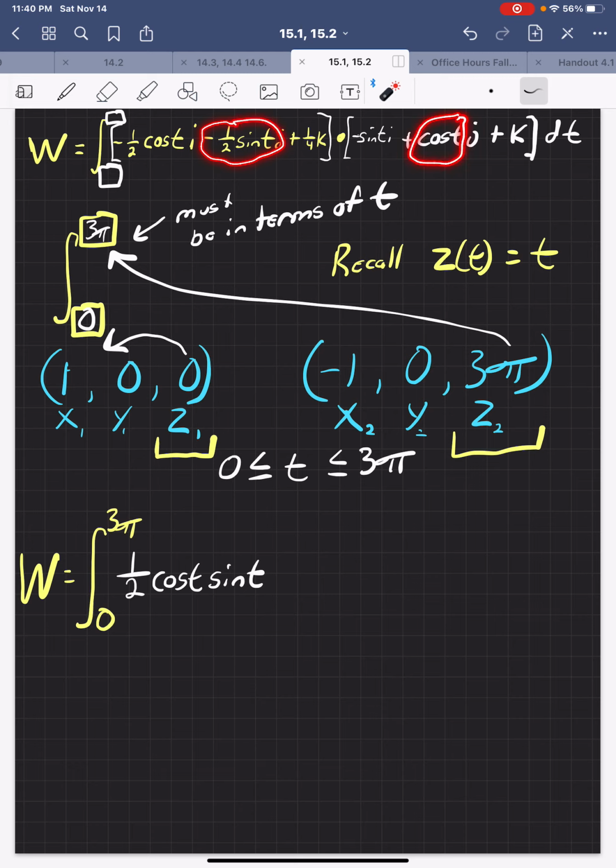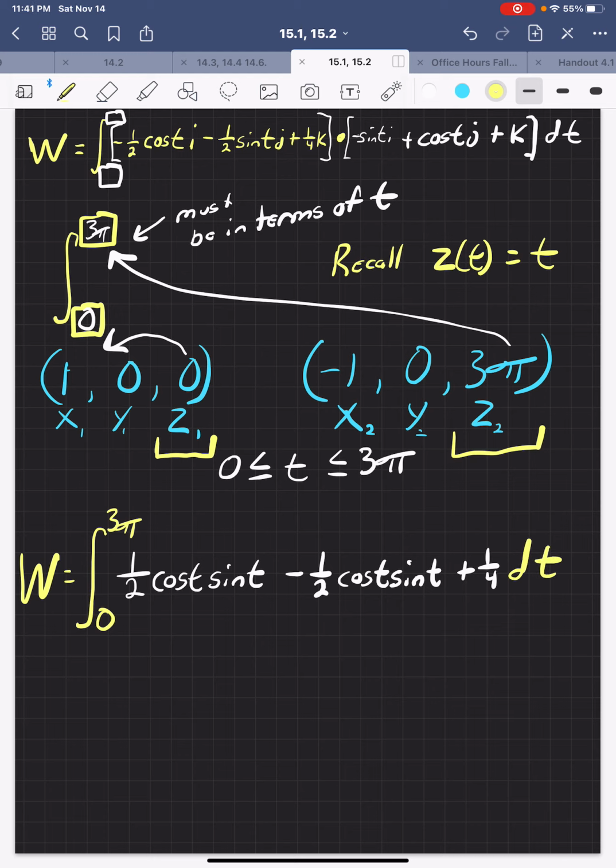So that's going to be -1/2 cosine of t sine of t. And then finally, you just have 1/4 times 1, or just plus 1/4. Well, these will cancel. If you have a half cosine t sine t, and you take it away, then you have 0. They cancel out.